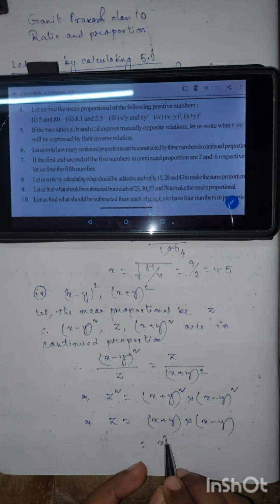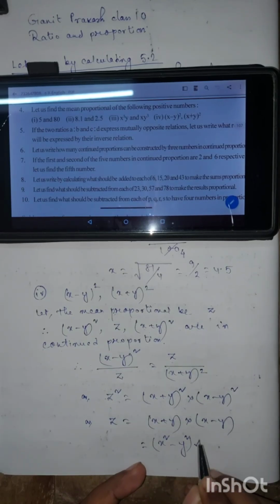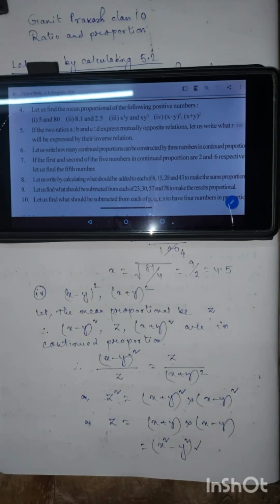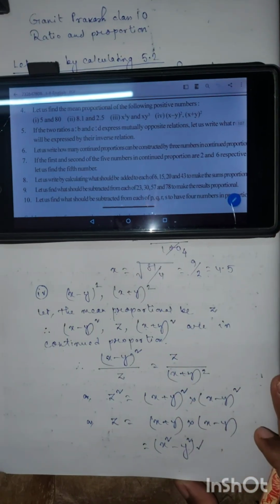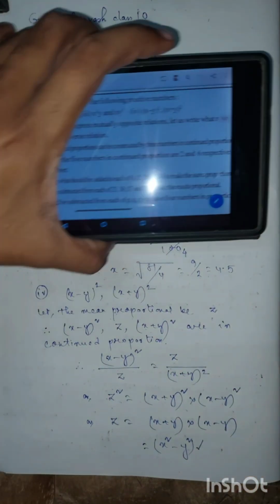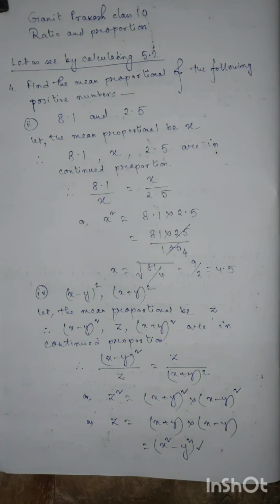This is equal to x square minus y square. So this is our mean proportional. So I hope question number 2 and 4 is clear to you. Similarly, you can solve question number 1 and 3.